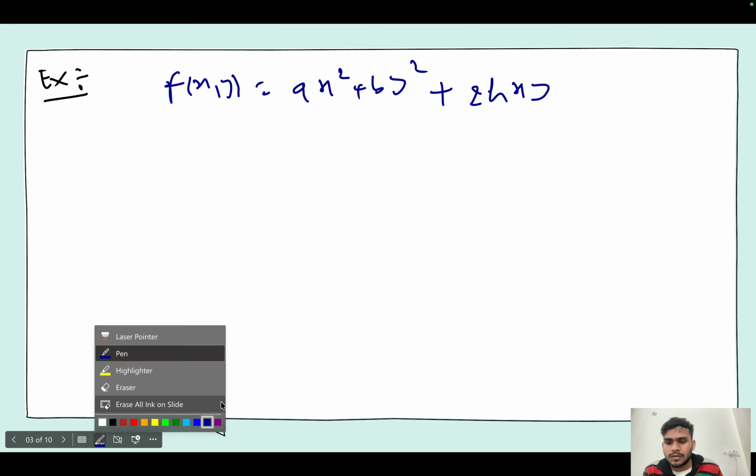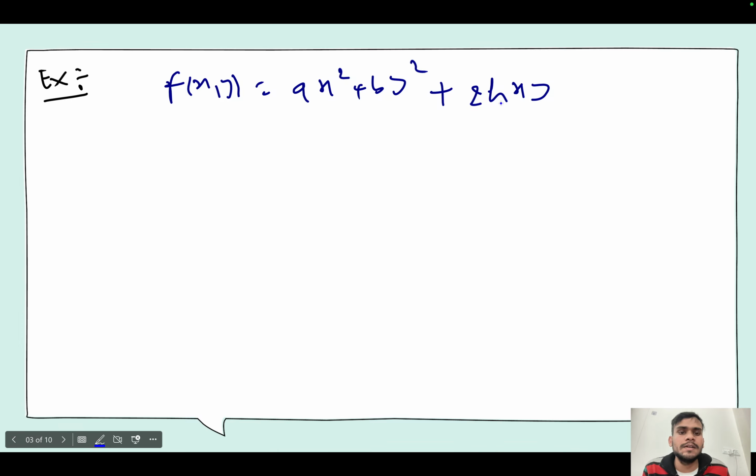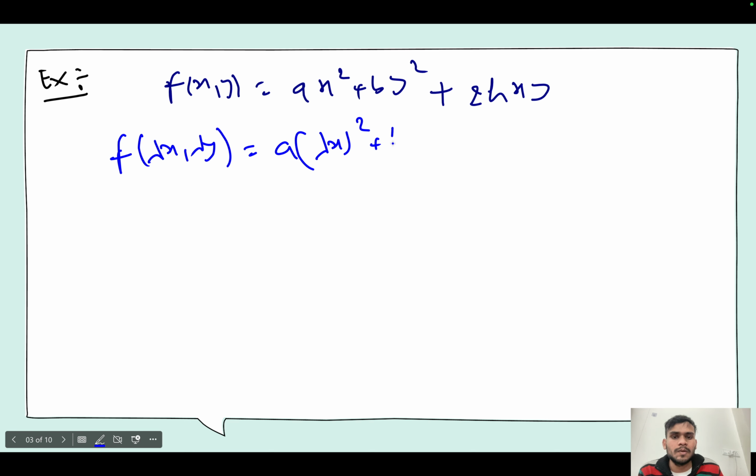Find the degree of this homogeneous function. So put f of λx and λy. Here x becomes λx, so we get a(λx) whole square plus b(λy) whole square plus 2h(λx)(λy).